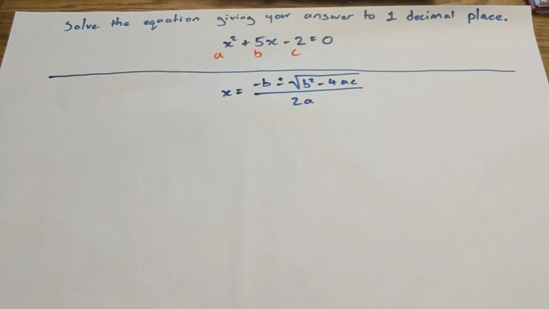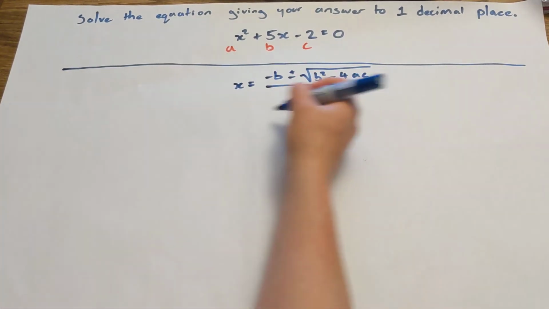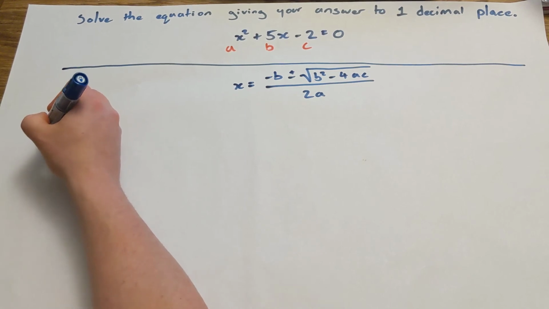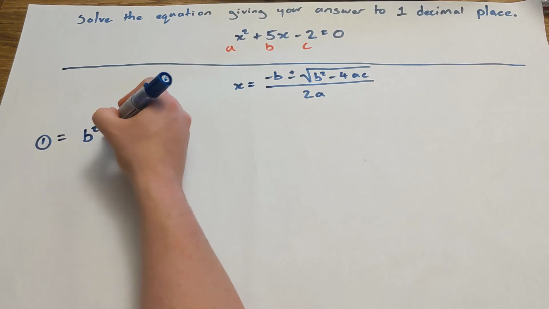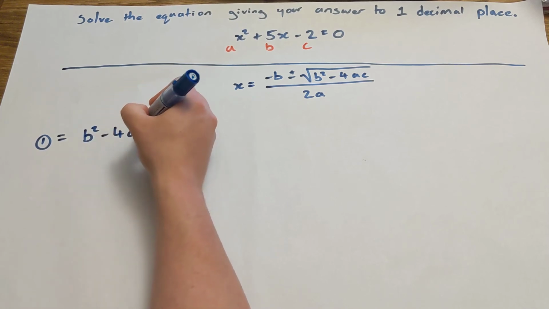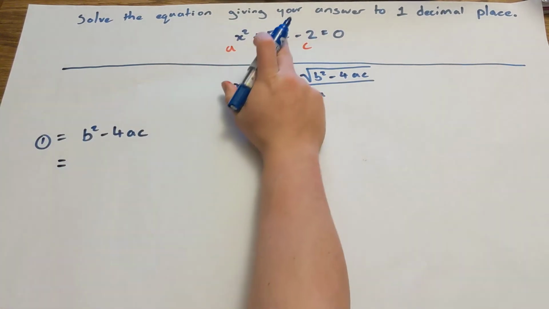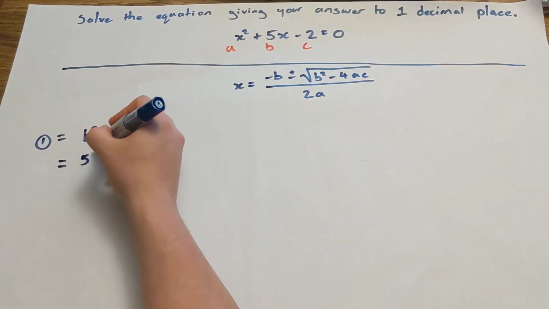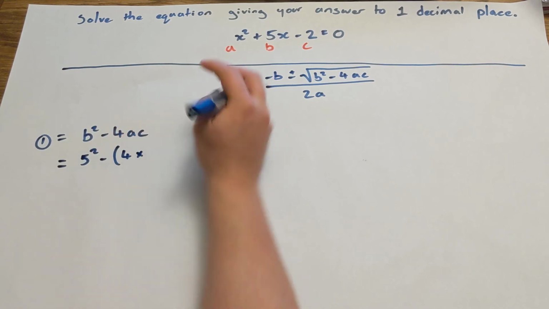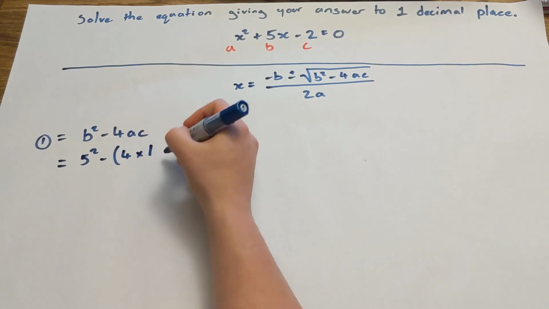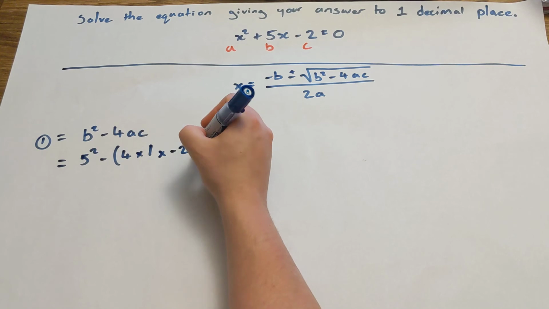Okay, right, so first step is to work out the discriminant. Okay, so our first step, yep, can be seen there. First step is to work out the b squared minus 4ac. So let's do that then. b is 5, so we've got 5 squared, and I'm going to take away 4 times 1 times negative 2.